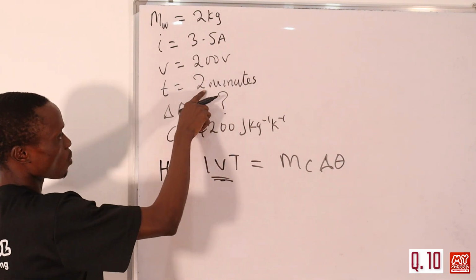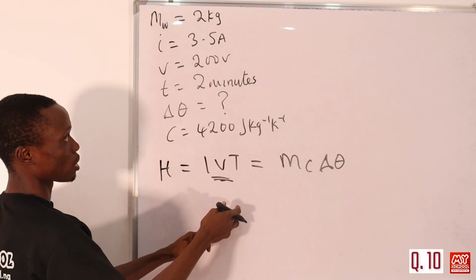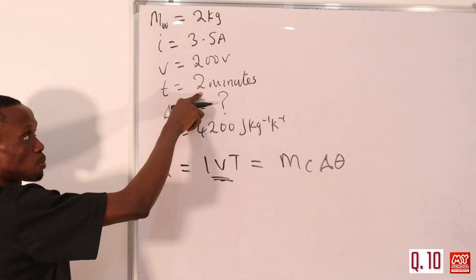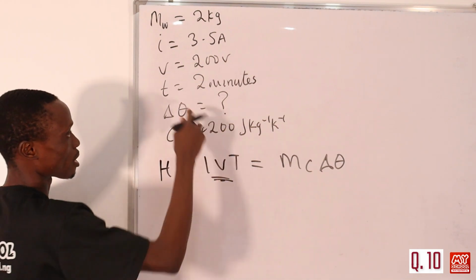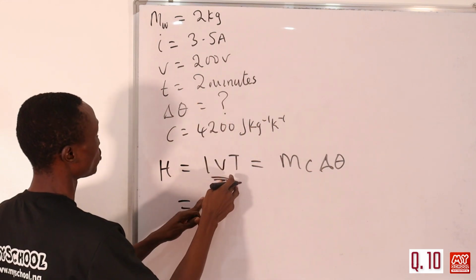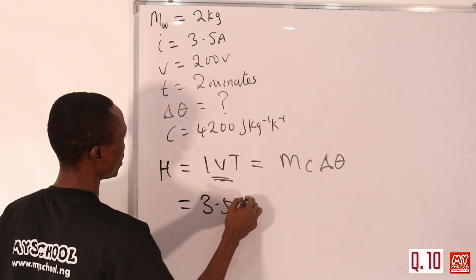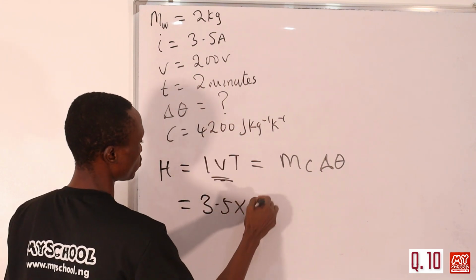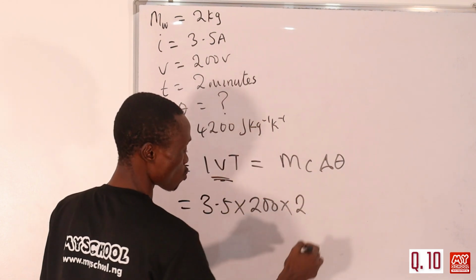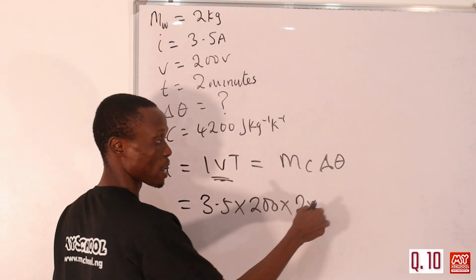But remember that our time is given to us in minutes, so we have to convert it to seconds. To simply do that, we multiply the 2 by 60, and that will convert the time in minutes to seconds. So let's plug in the values that are given to us. I, which stands for current, is 3.5, times the voltage, which is 200 volts, times time, which is 2 minutes, so we convert it to seconds by multiplying by 60.